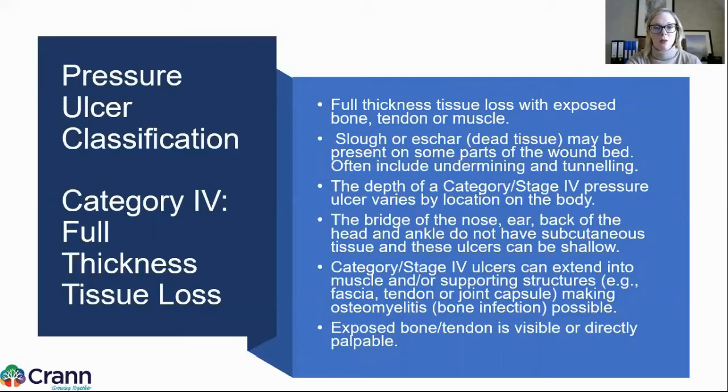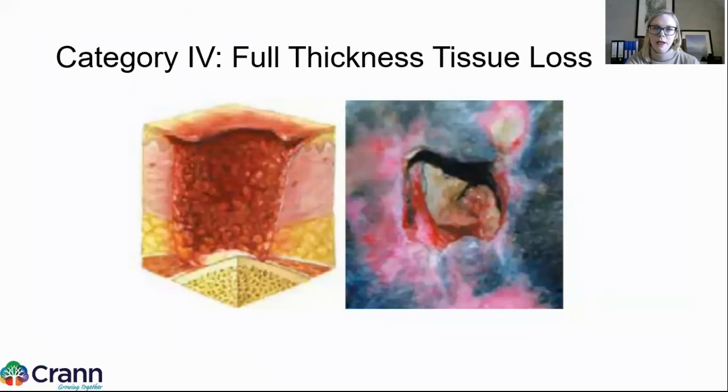So again, the bridge of the nose, the ear, the back of the head and the ankle, because they don't have a lot of subcutaneous tissue, those ulcers can again be quite shallow. So you can imagine if you have something on your ear and the back of your head, there isn't a huge amount of depth to go through before you hit bone, so they can be exposed quite quickly.